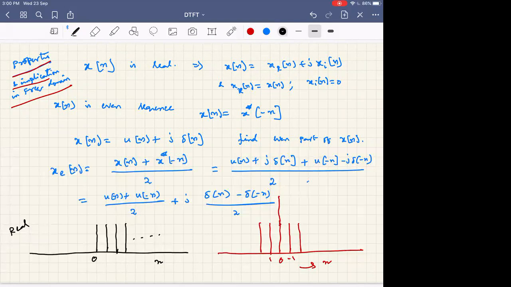What about the complex term? Sorry, the imaginary part. The imaginary part is here delta n. Here it is 0. So it's also symmetric. So you can see that both will be symmetric in an even signal.